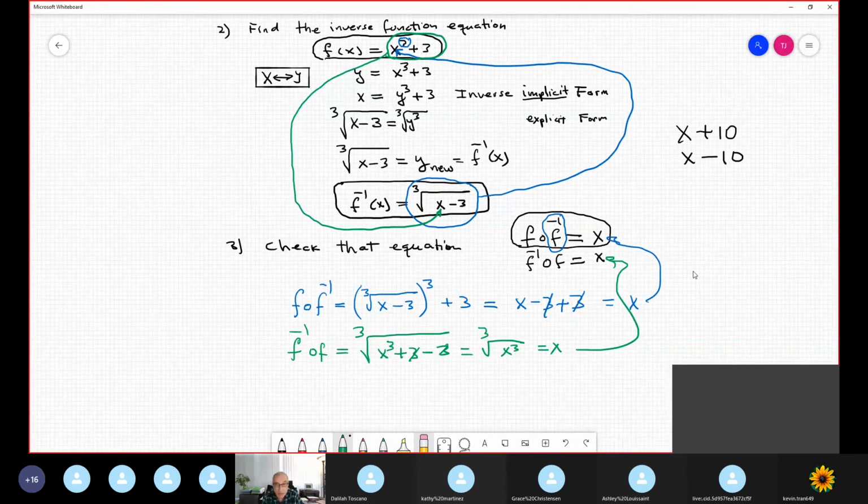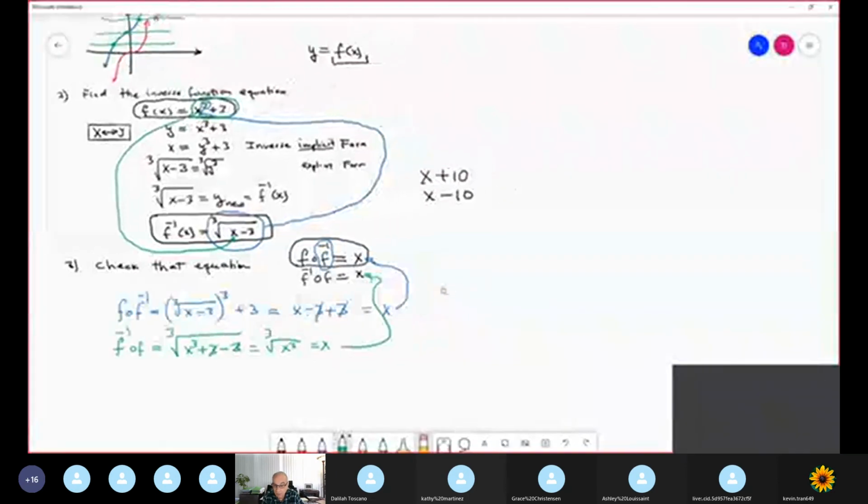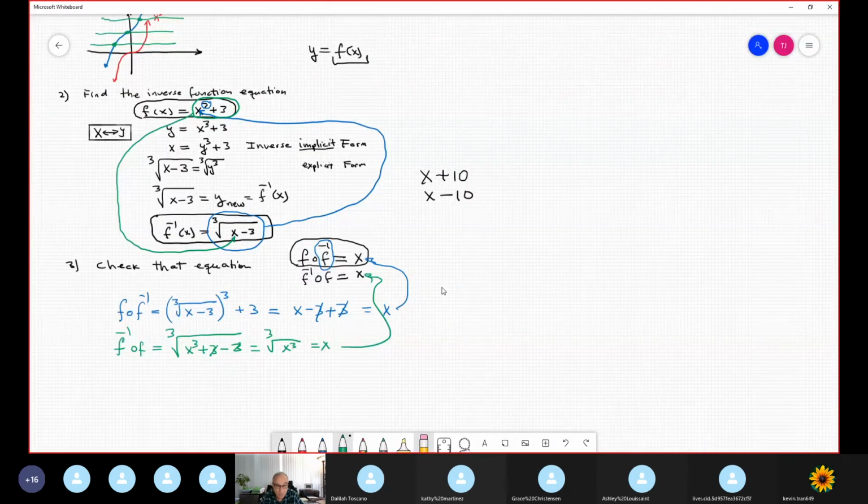Clear. Okay. Now let's move on to the fourth part. The fourth part is domain. Domain of the original. Domain of the inverse.